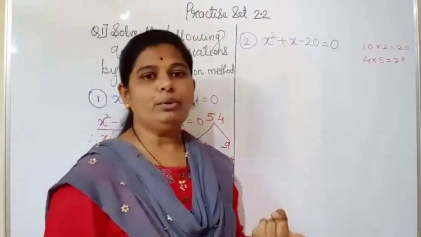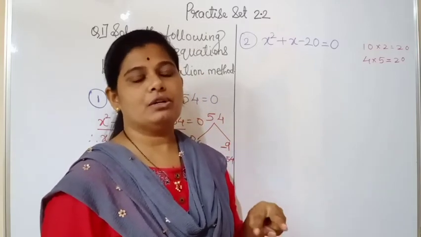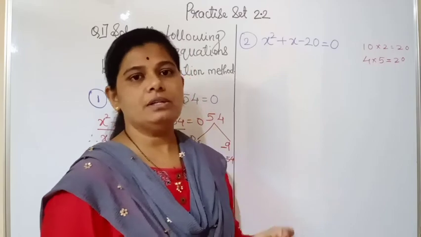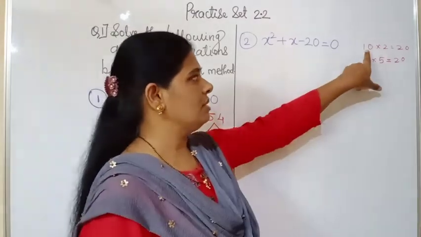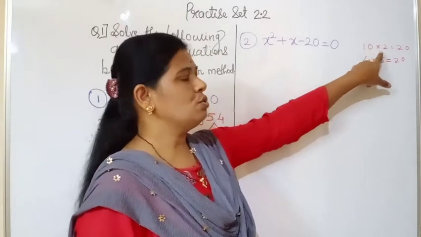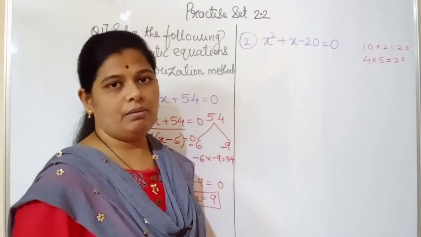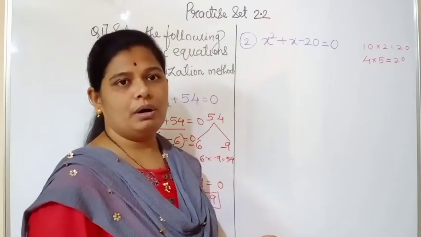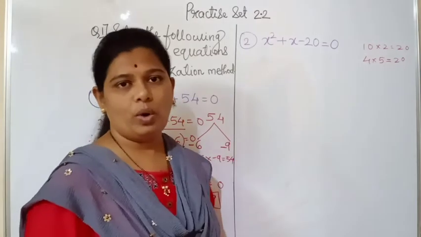So now you have to take two factors such that by adding or subtracting these factors, we will get the answer 1. If we take the factors 10 and 2, 10 minus 2 gives 8 and 10 plus 2 gives 12. So those factors are not correct because we are not getting 1.